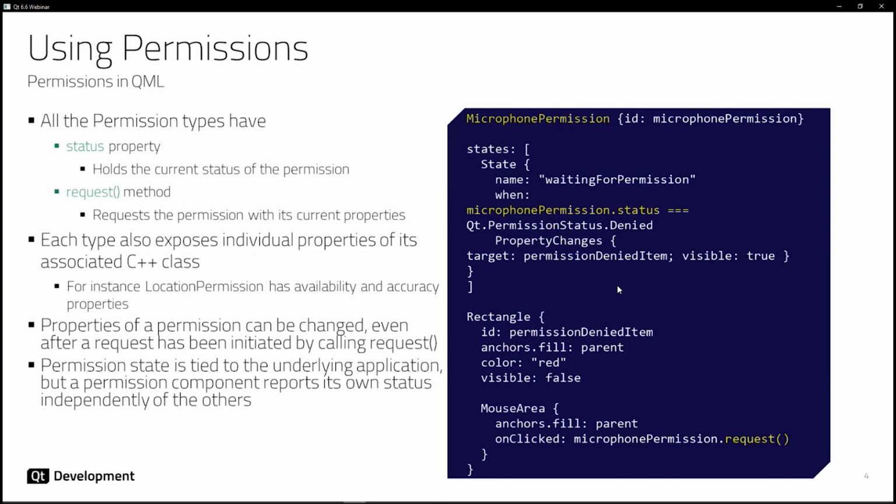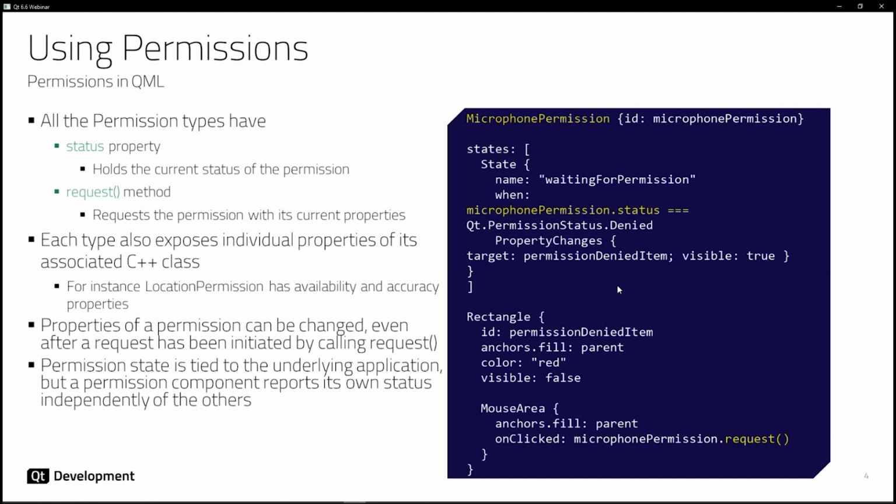So how do you use a permission in QML? Actually, it's relatively straightforward. You just need to create a component for the resource you need the permission to access. For instance, here in our snippet on the right, we are creating the MicrophonePermission component because we want to ask for permission for the microphone.